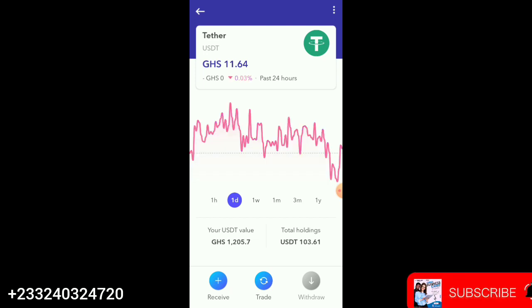So it's supposed to mean that if you want to buy one USDT, you have to spend 11.64.